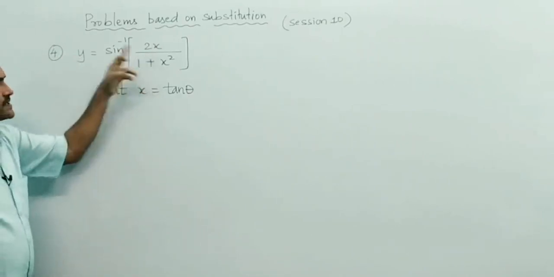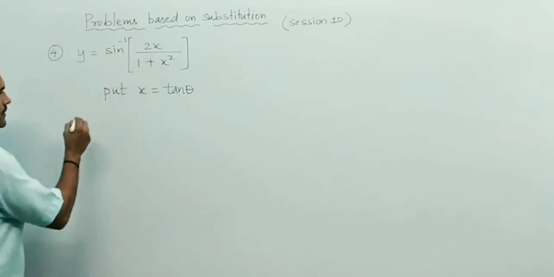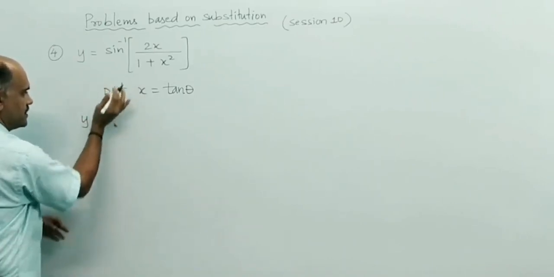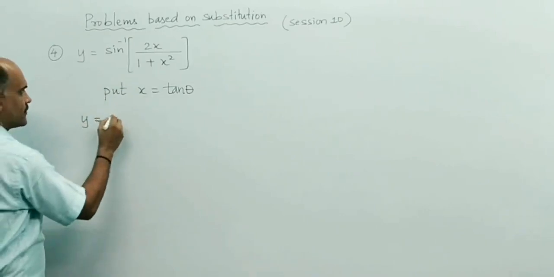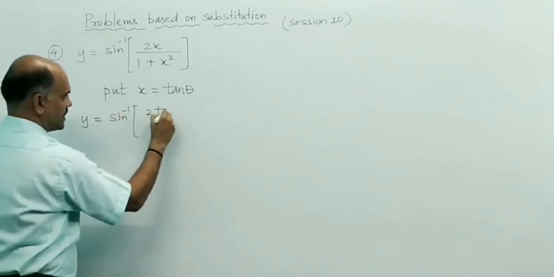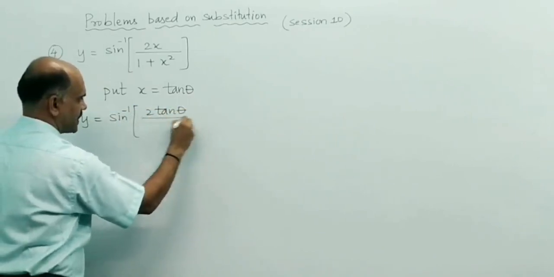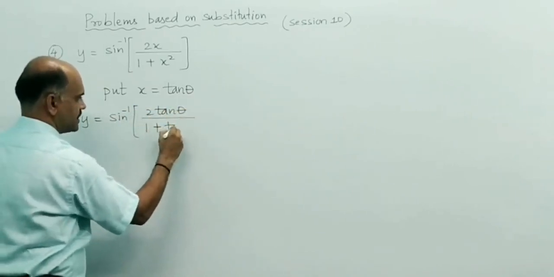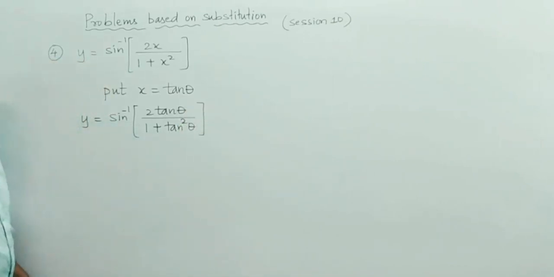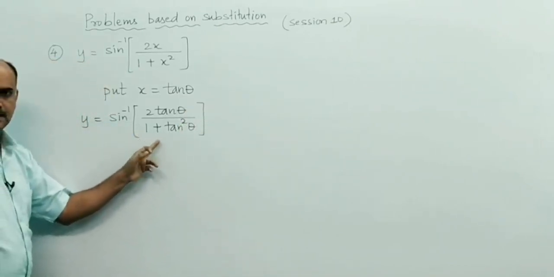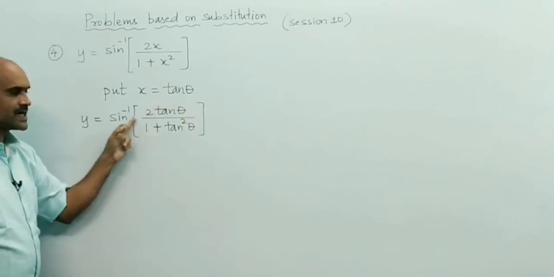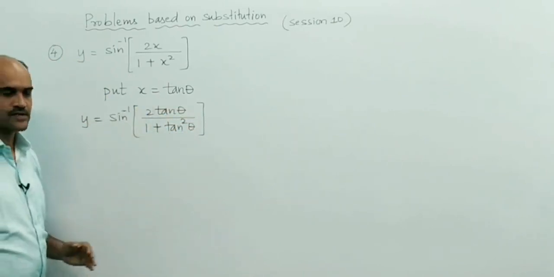So I will put x is equal to tan theta. So y is equal to sin inverse of 2 tan theta divided by 1 plus tan square theta. This is the formula of sin 2 theta in terms of tan.